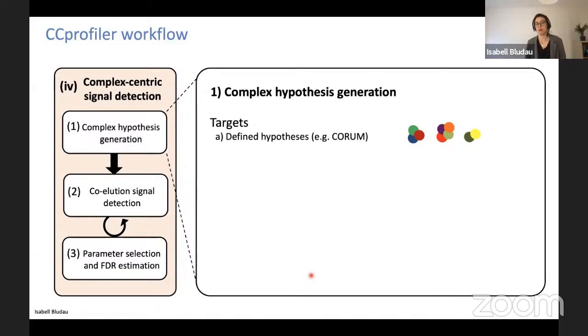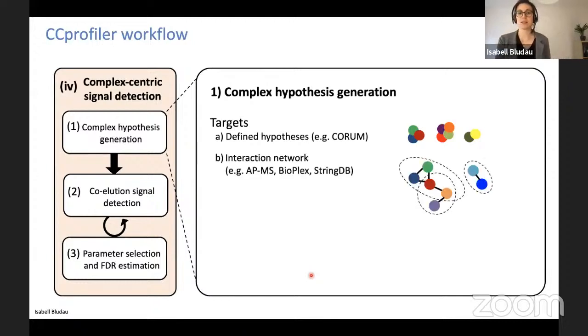The first is the hypothesis generation. As I said, you can use protein complexes from complex databases, but you can also use interaction networks derived, for example, from AP-MS studies such as BioPlex or the STRING database, and use graph partitioning algorithms such as the ClusterONE algorithm or something similar to group proteins into actual complexes.